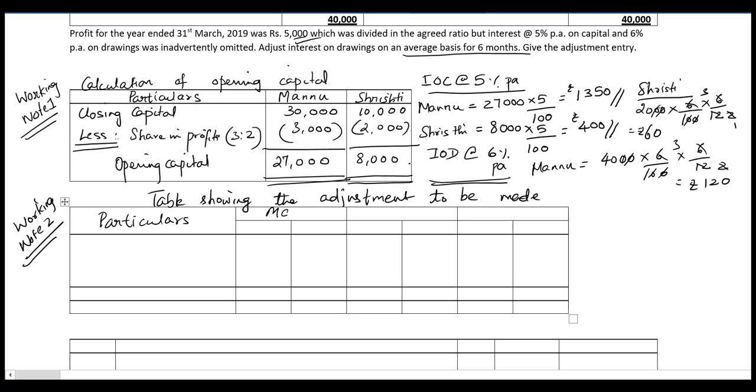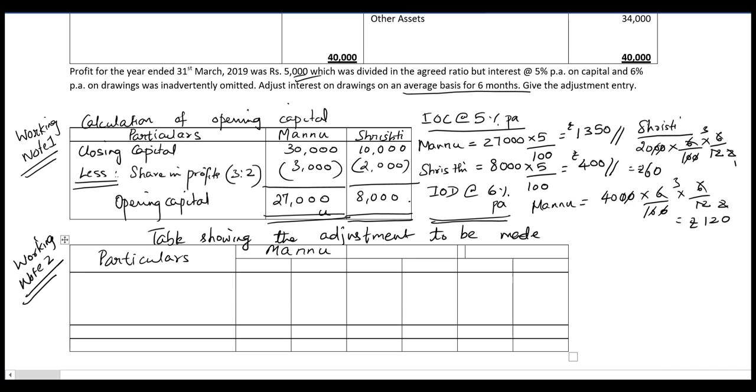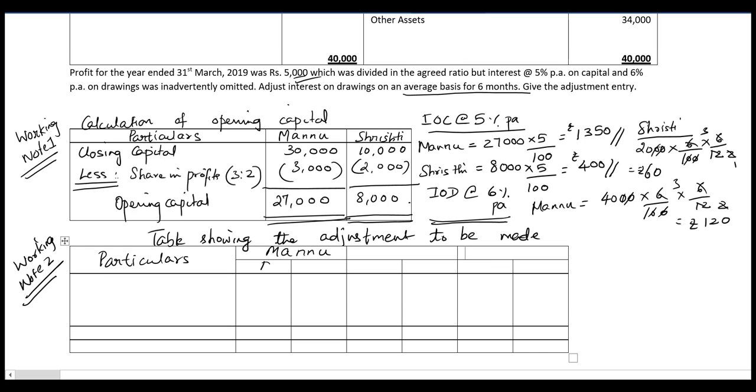Manu, which is divided into debit and credit, and Shrishti, which is again divided into debit, credit, and finally the firm, which is divided into debit and credit.